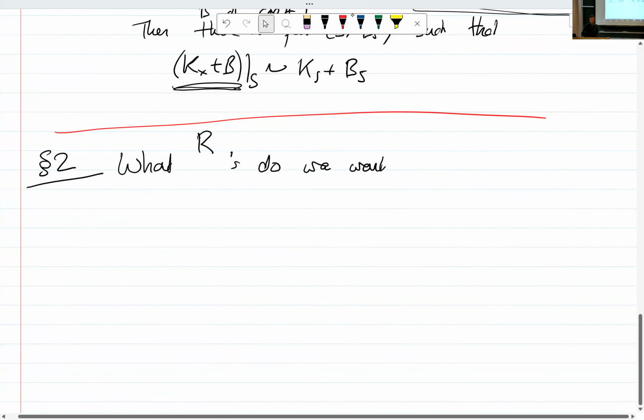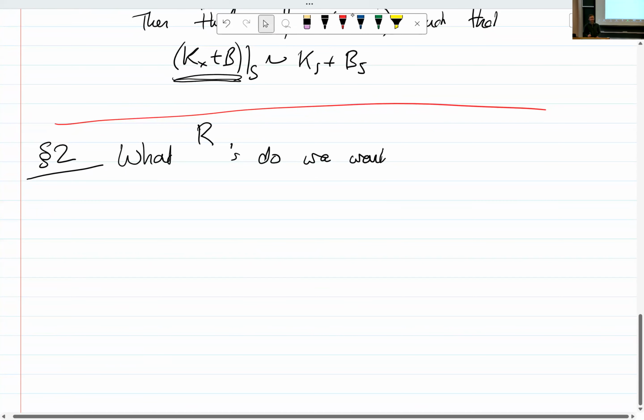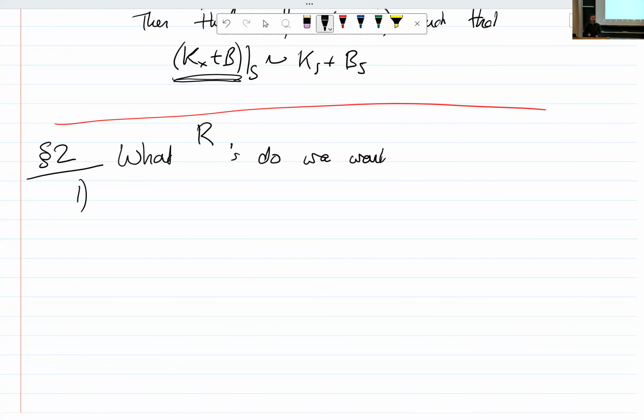So then the question is, which of these do we want to do this process over? So firstly, just what do we want, and then what do we need? So first, what do we want? I mean, we want the complex numbers, of course. But then you can just say, well, any algebraically closed field, so any k bar, now it can be positive characteristic. But yeah, then this is a classical one.